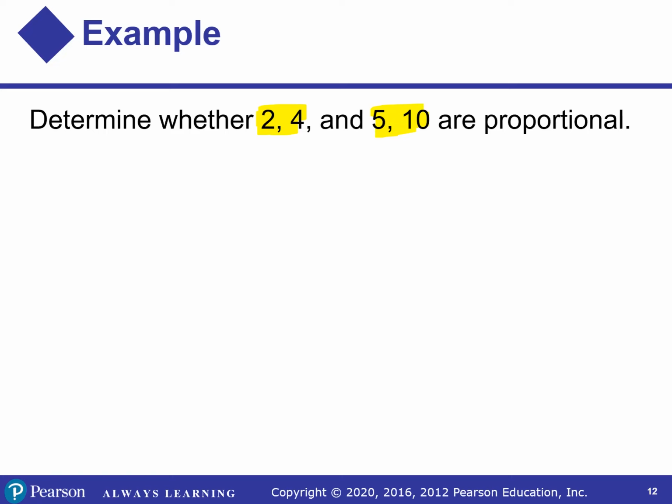So what we would do is set up the first ratio, 2 over 4, and say, well, is that equal to 5 over 10? And anytime we're working with a proportion, to get rid of the fractions, what we could do is calculate what's called the cross product, or sometimes it's referred to as cross multiplying. So we multiply across diagonally.